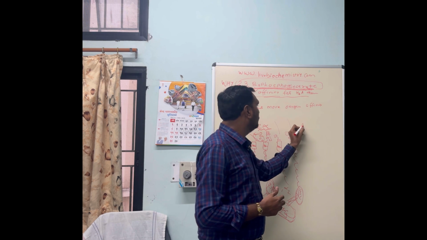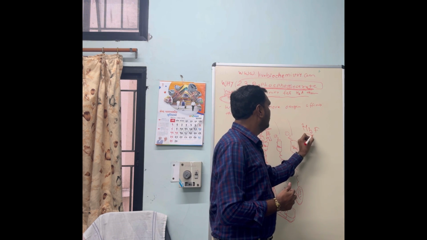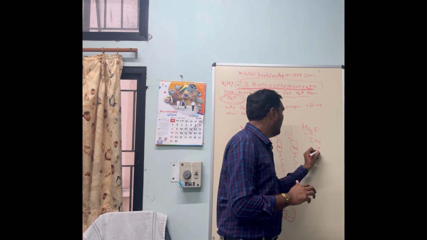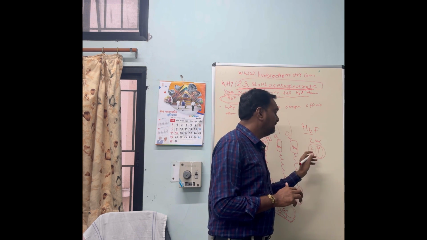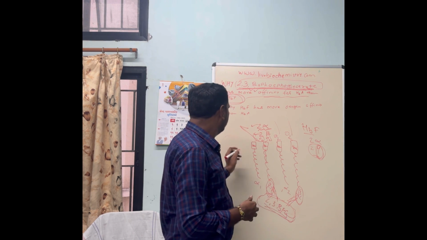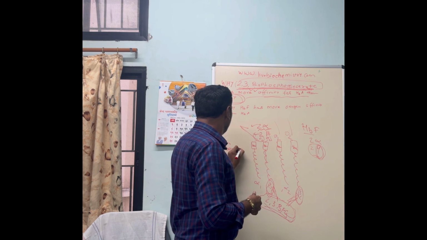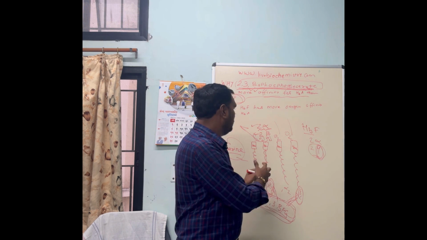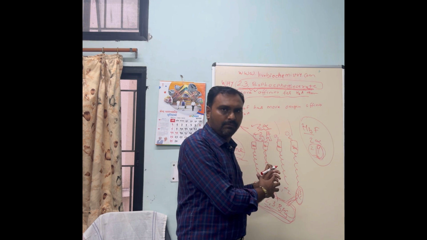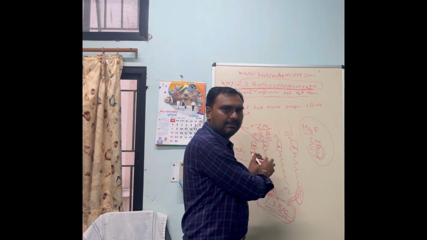Why? Because in HbF there are 2 alpha but not 2 beta chains. It has 2 gamma chains. Now instead of beta there is a gamma chain. This gamma chain has a serine molecule instead of histidine. In fetal hemoglobin, the oxygen affinity is increased.